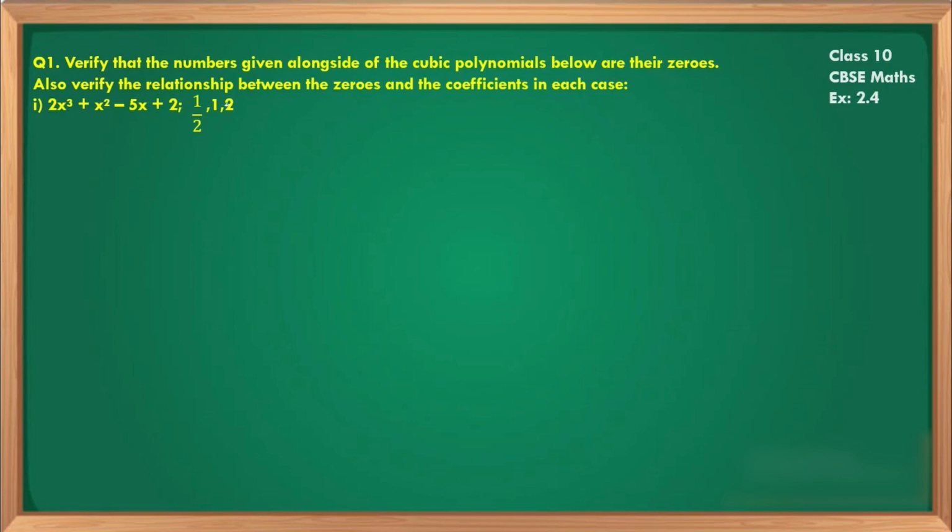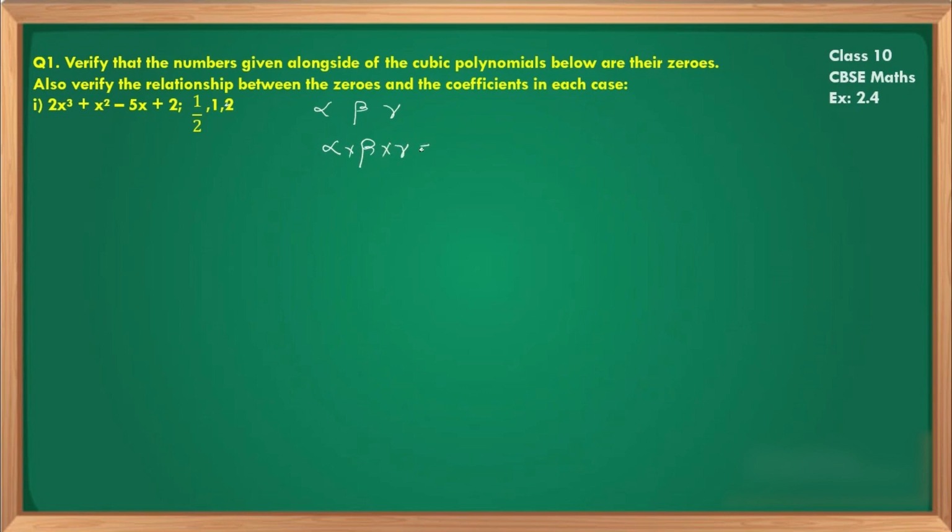What is a cubic polynomial? A polynomial with degree 3. When we have a polynomial of degree 3, the zeros are alpha, beta and gamma, and the product of zeros would be alpha into beta into gamma.